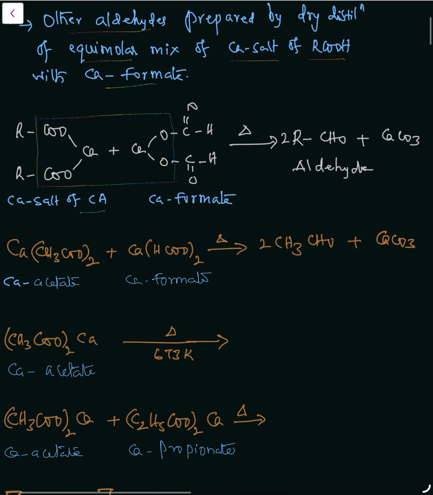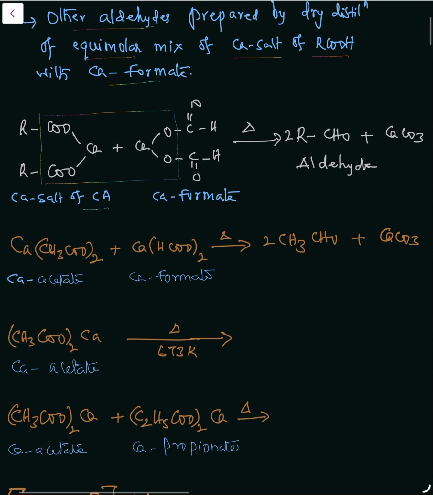When only calcium acetate is taken and heated at 673 Kelvin, we'll get ketones, that is acetone is the product, CH3 C double bond O CH3, along with CaCO3.